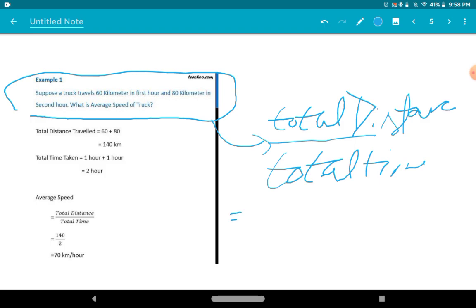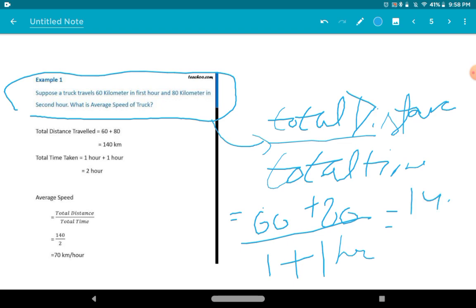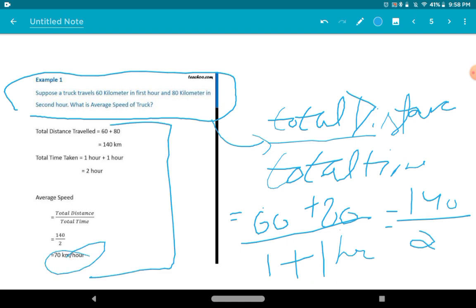The total distance is 60 plus 80, and the total time is 1 hour plus 1 hour, which is equal to 140 divided by 2 hours, which is equal to 70 kilometers an hour. So this is the answer given here.